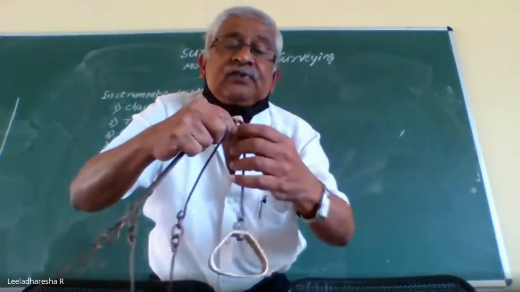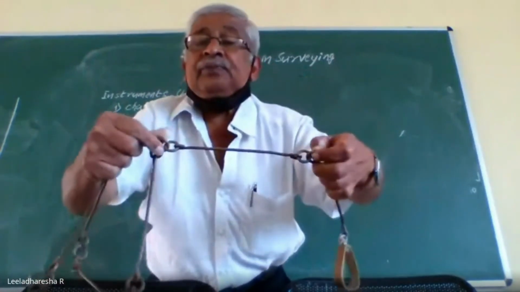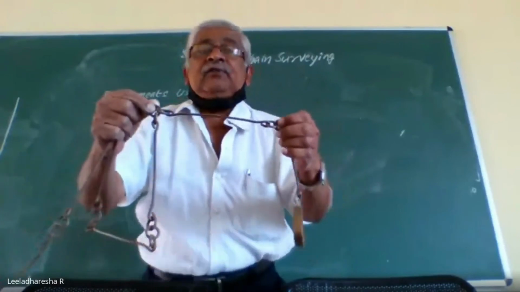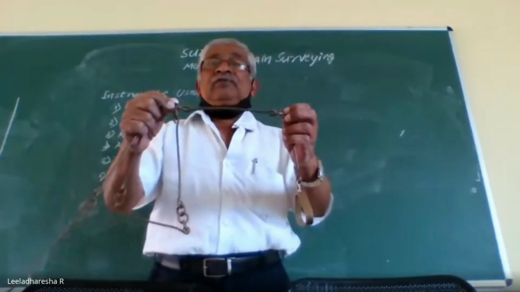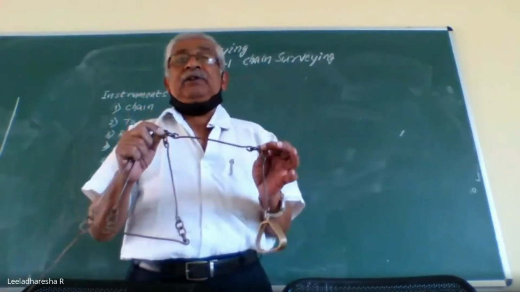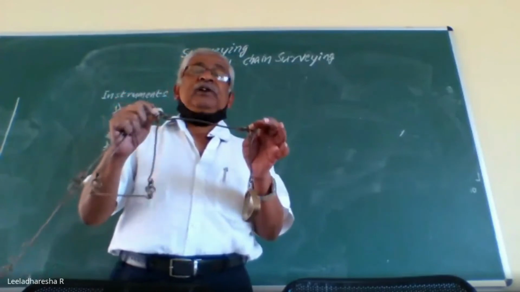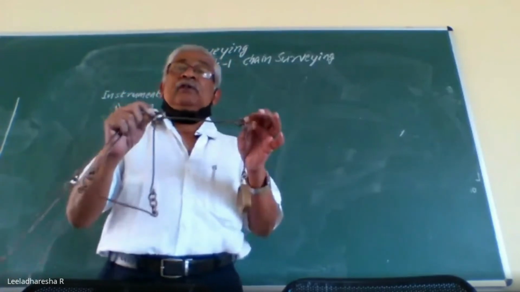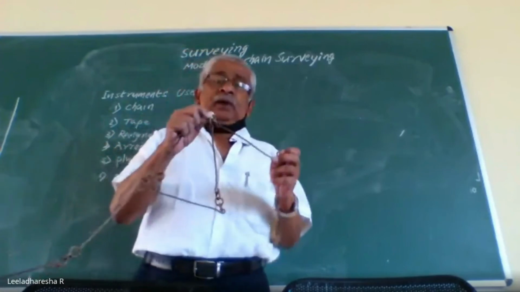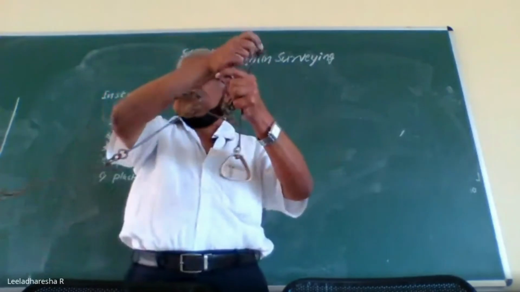Normally the distance is measured from the center to center of the rings. In case of metric chain, the length of one link is equal to 20 centimeters. All of you note down this. The least count of this metric chain is equal to 20 centimeters.